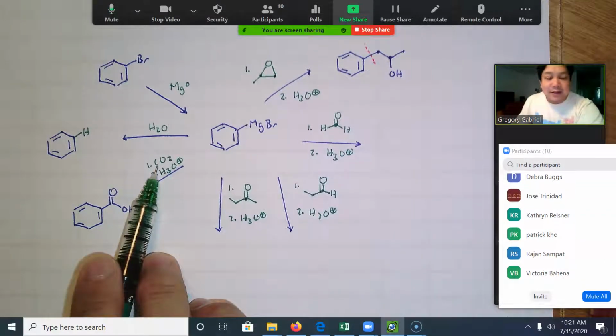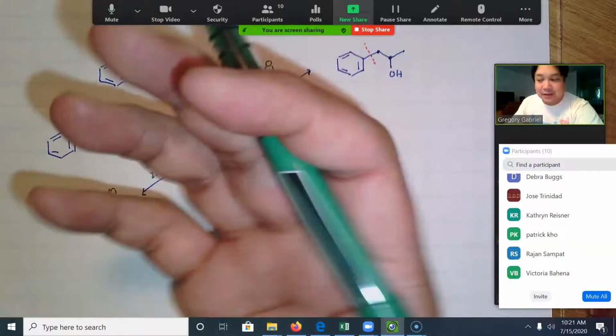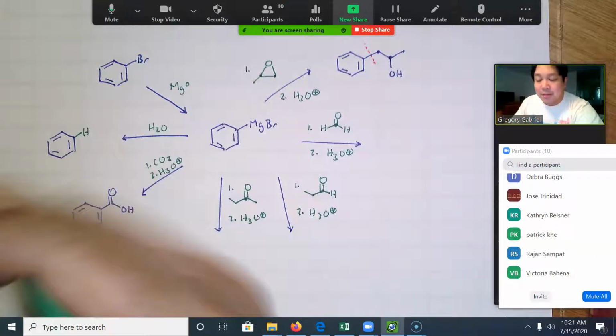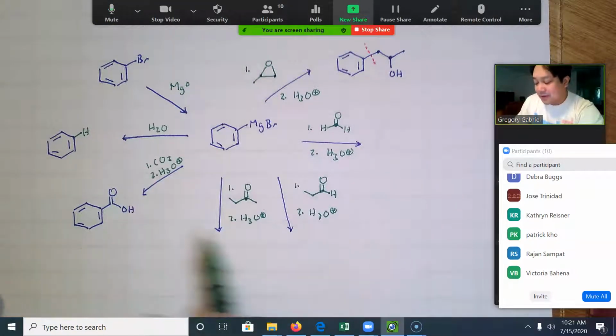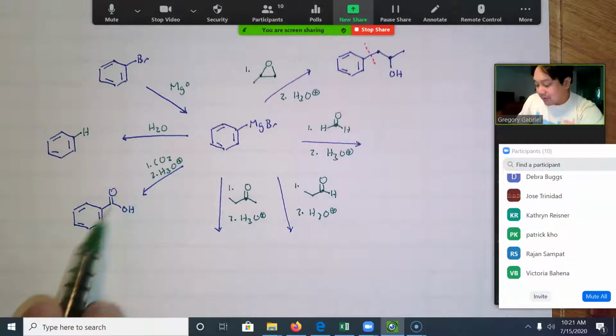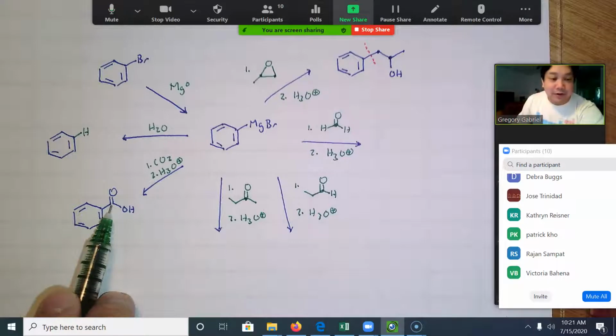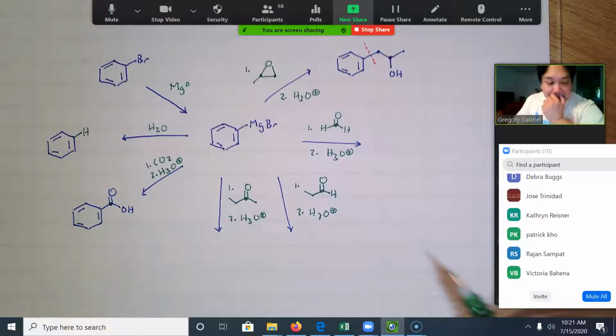Carbon dioxide literally looks like a diketone. It's a carbon with 2 double-bonded oxygens, right? CO2. So that's the dot you're attacking. You're attacking this dot, the carbon. And that's why we have this seventh carbon right here. This was the green dot right there.